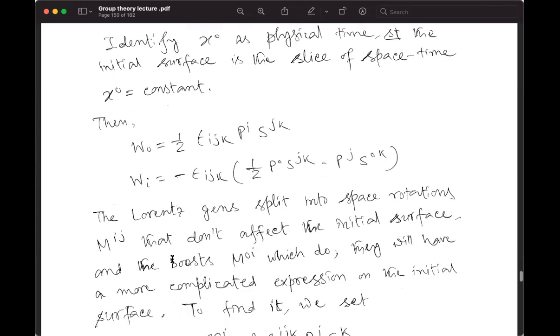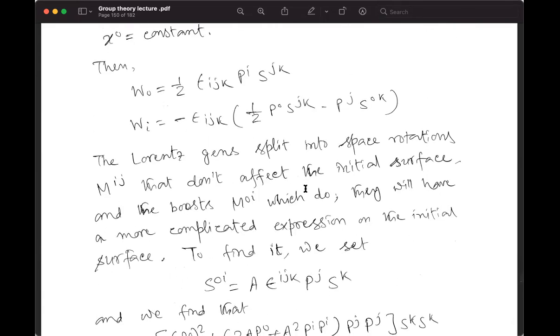And then your W⁰, the temporal part of the Pauli-Lubanski vector, is basically 1/2 ε^{ijk} pᵢ S_{jk}, and Wⁱ can likewise be written out. The Lorentz generator splits into spatial rotations M_{ij}, which don't affect the initial surface, and the boost M_{0i}, which acts in the temporal direction.